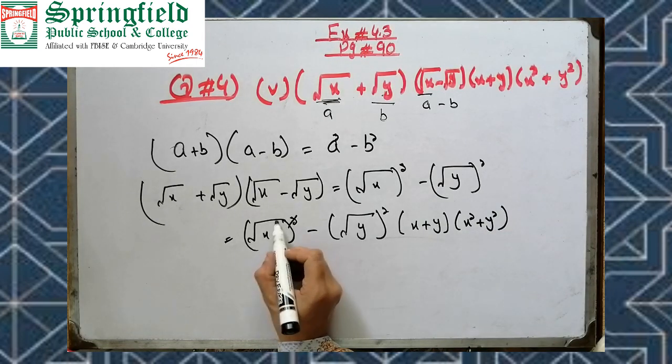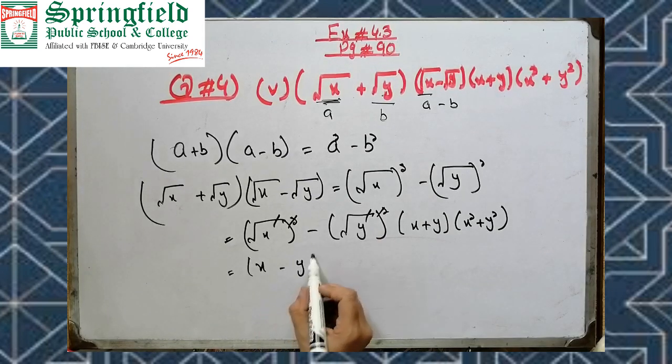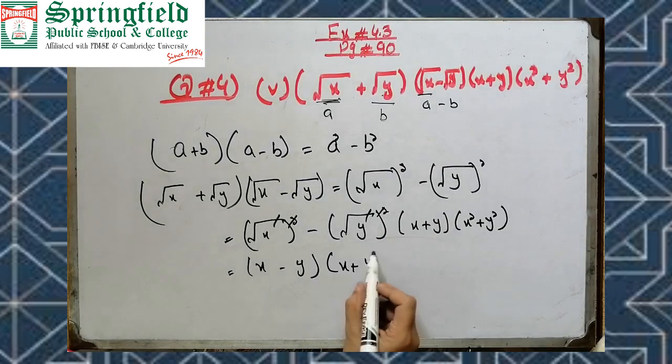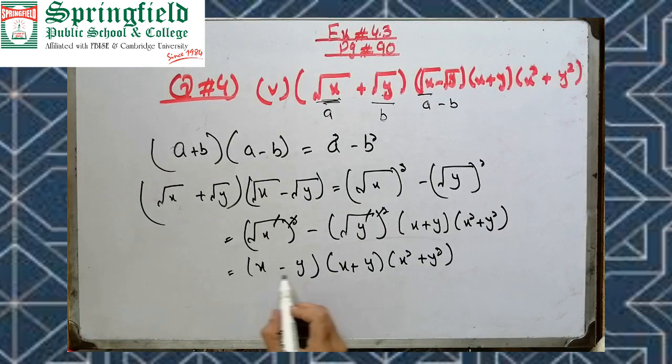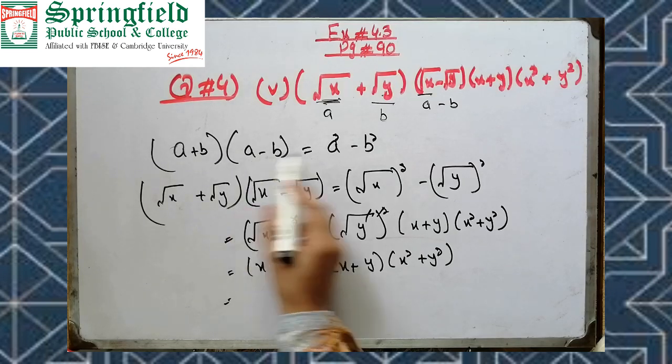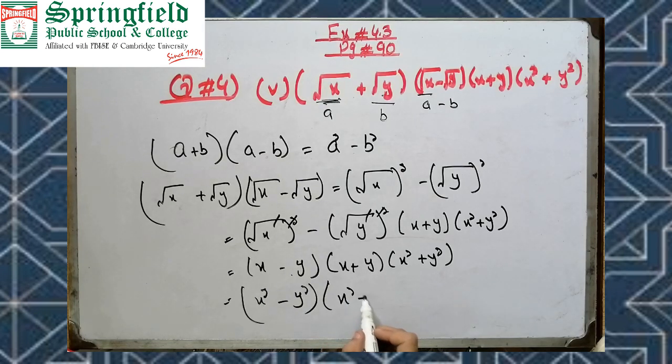Now this square will cancel with the square root. Just x minus y is left, and then x plus y, x square plus y square. Now x minus y, x plus y. Again using this formula, a minus b, a plus b can be written as a square minus b square, times x square plus y square.